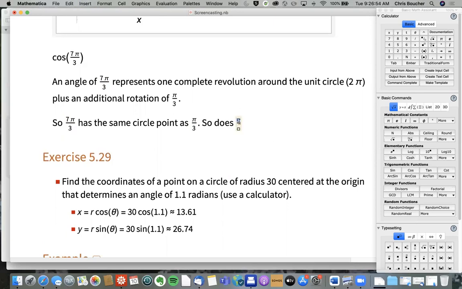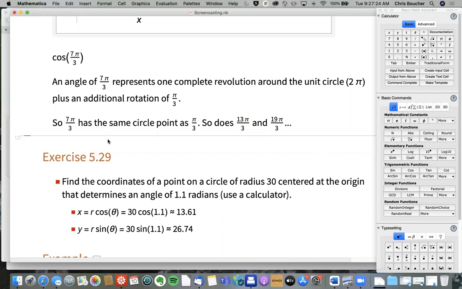And if we added another 2 pi, that would get us to 19 pi over 3, and on and on and on. There are lots of angles that have the same circle point.